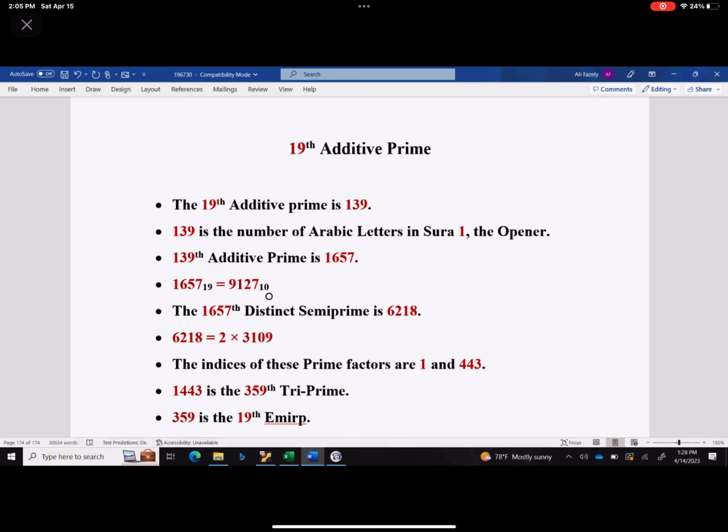Cut and paste the Al-Fatihah from the Quran and put it in a Microsoft Word file. Then go to the word count, click on that, and it tells you exactly 139 letters.